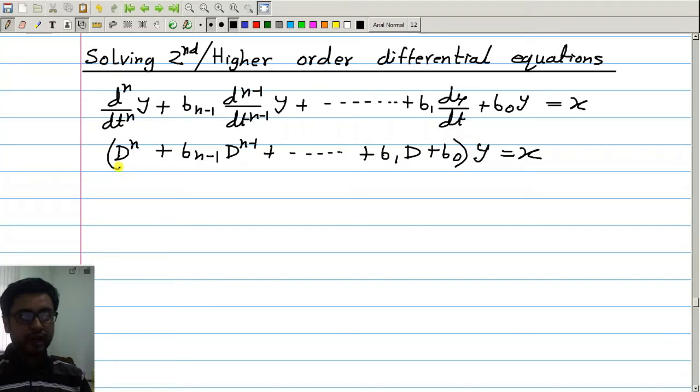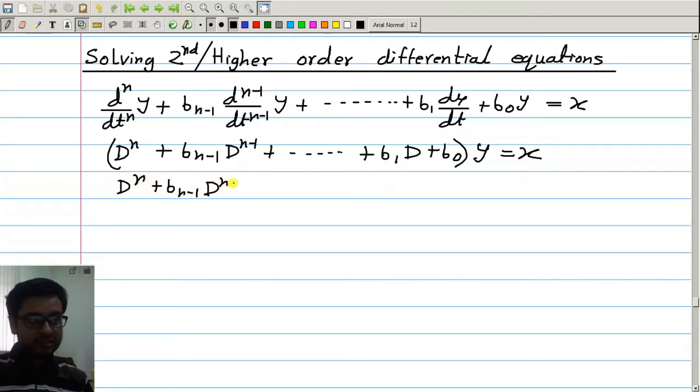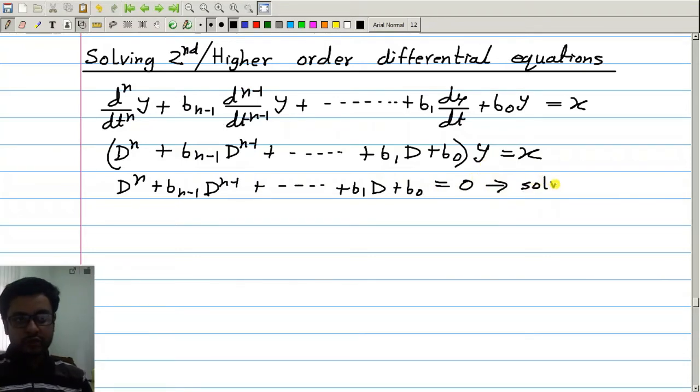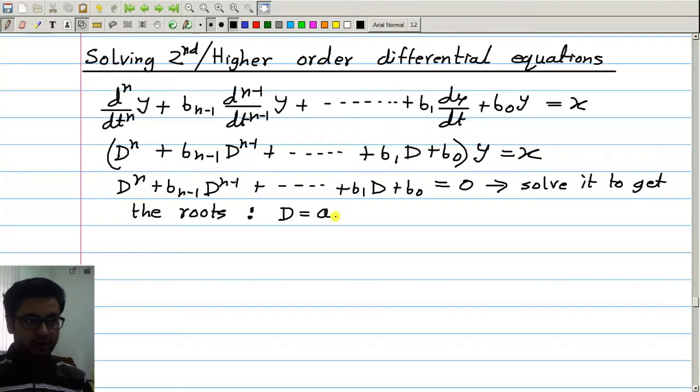Now we have learned how to factorize this differential operator by first writing a polynomial equation equal to 0, solve it to get the roots, say the roots are d equal to, suppose, a1, a2 up to an.